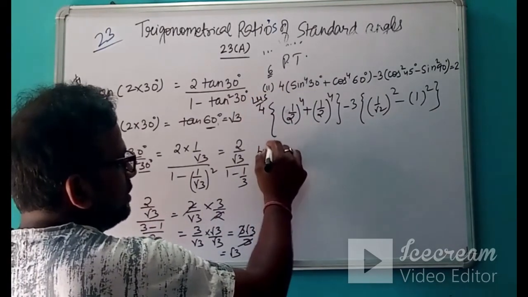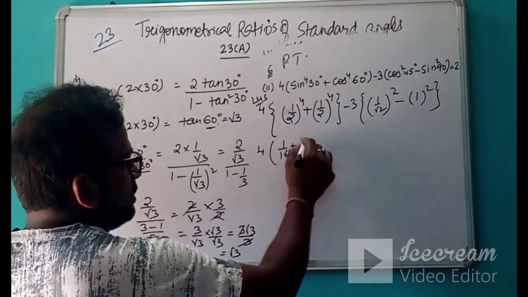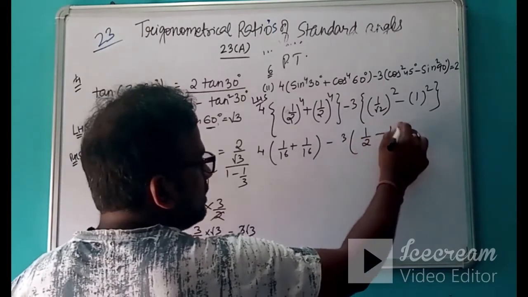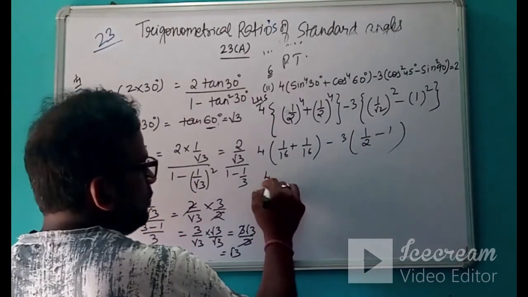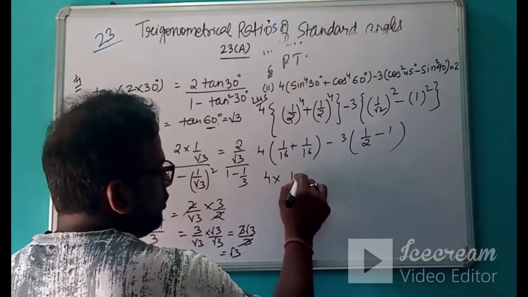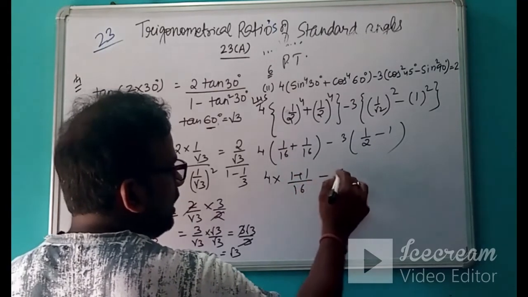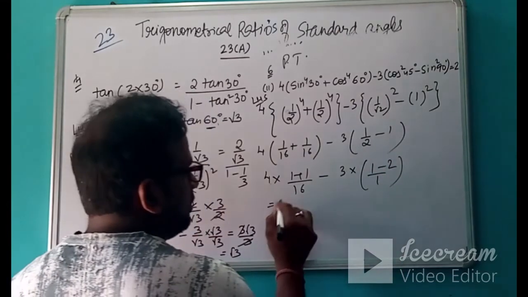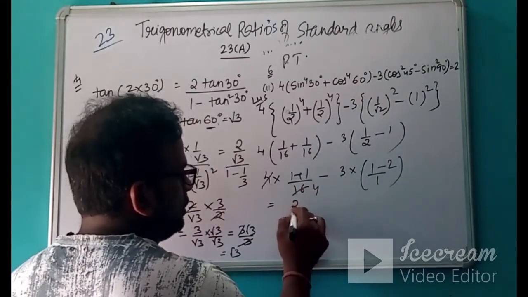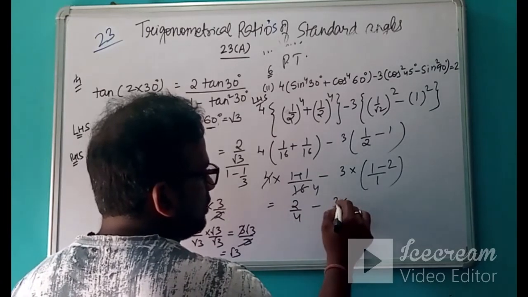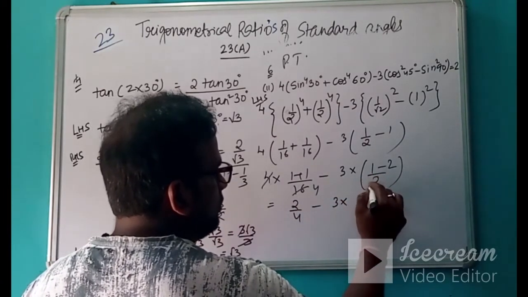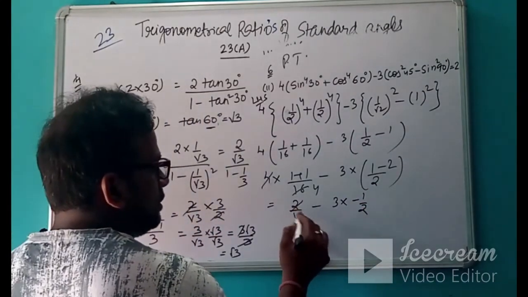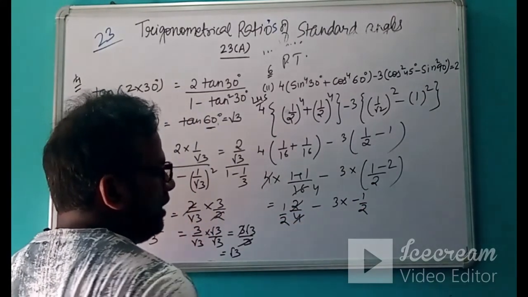Now it is 1 upon 16 plus 1 upon 16 minus 3 into 1 by 2 minus 1. So when you take the LCM, it is (1 plus 1) upon 16, which is 2 upon 16, minus 3 into (1 minus 2) upon 2.